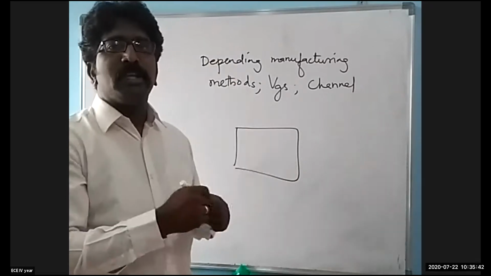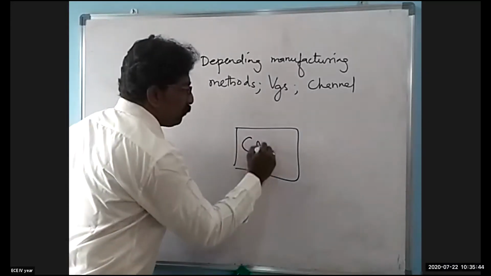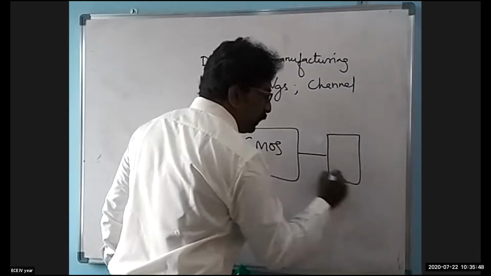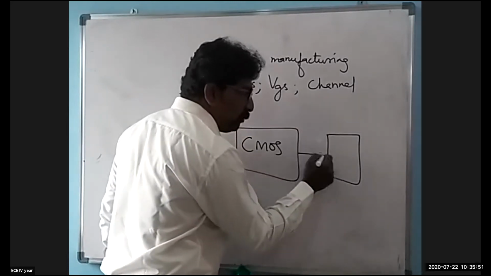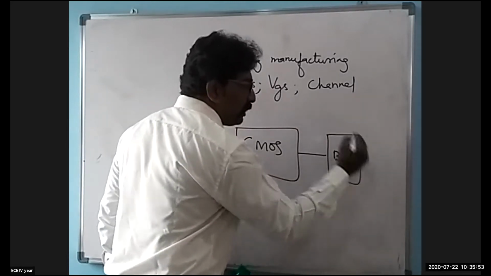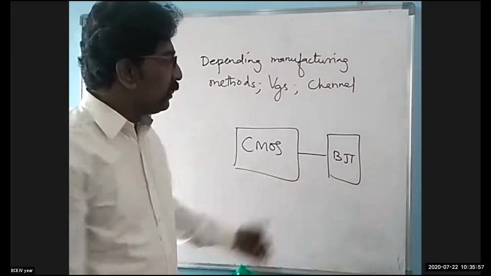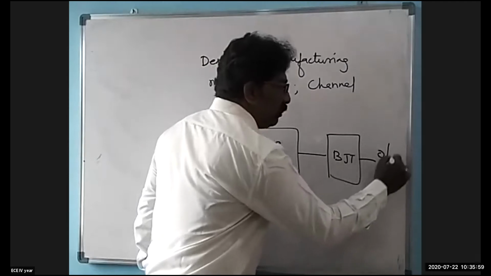All those circuits will be designed with the help of CMOS structure, and the output of this structure will be given as an input to the BJT. One BJT will be connected to the output, and that will give the output of the entire circuit.